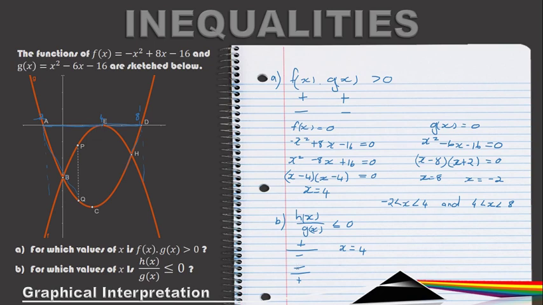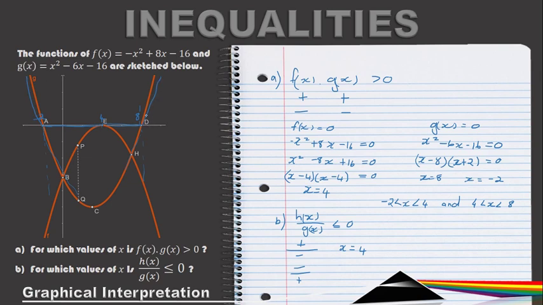Now for the next condition, where is h(x) negative? h(x) is negative or equal to 0 for all values of x, where x is an element of the reals. And where is g(x) positive? g(x) is positive over here and there.